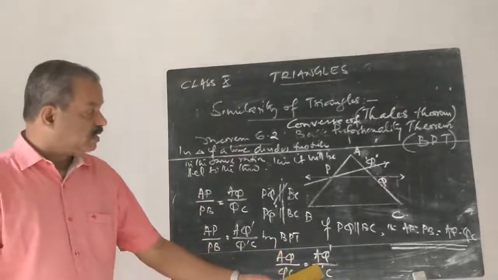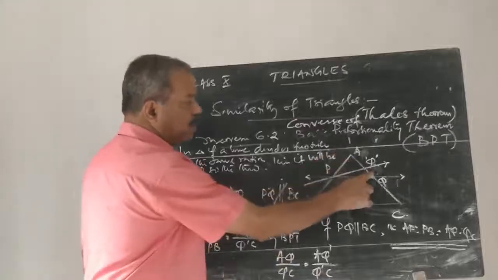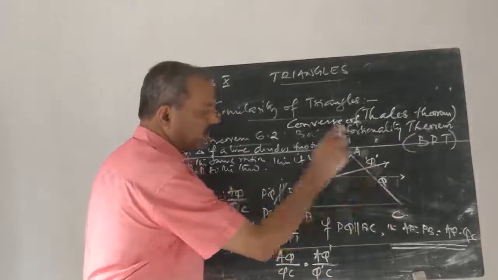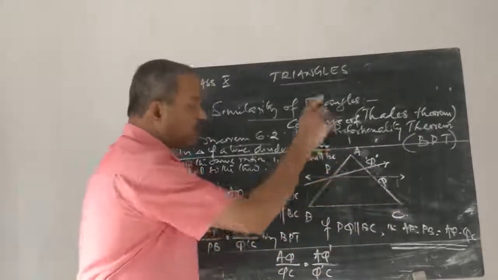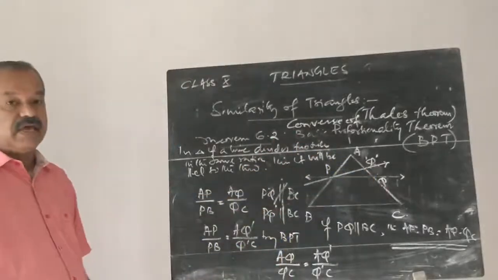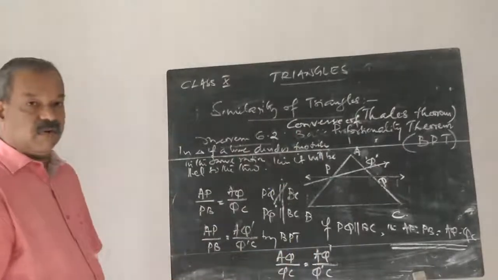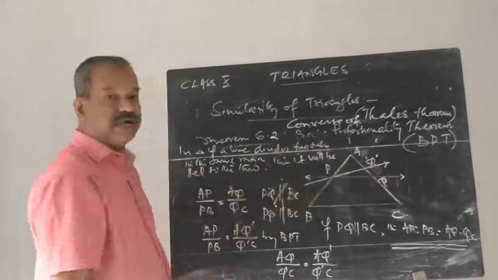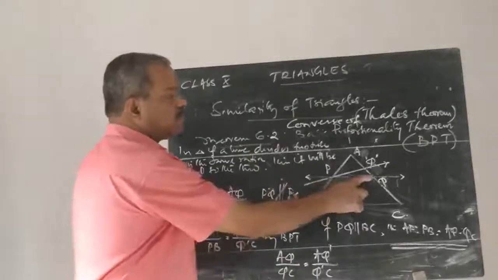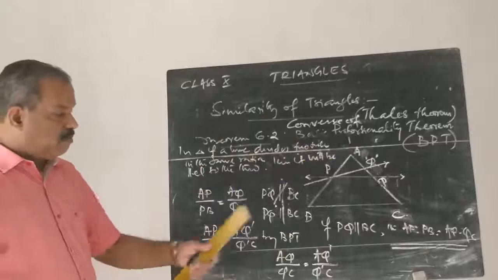If AQ by QC equal to AQ dash by Q dash C, it means Q and Q dash are the same points. These two points will be the same. Q coincides with Q dash. This is the only possibility. How can we prove this?